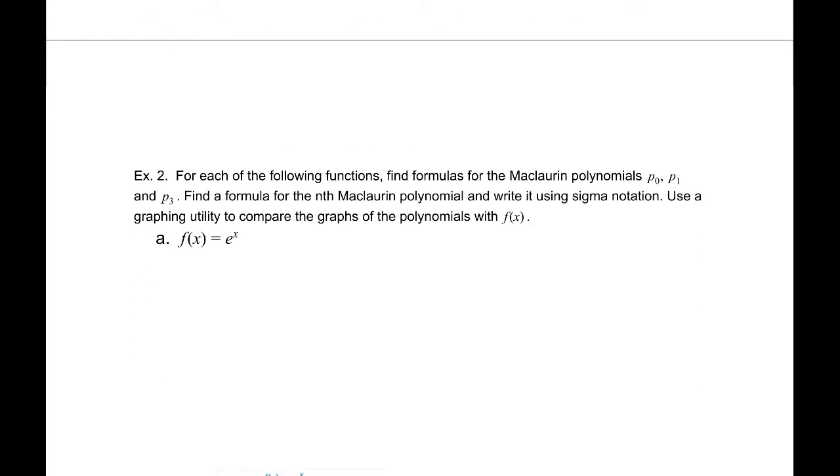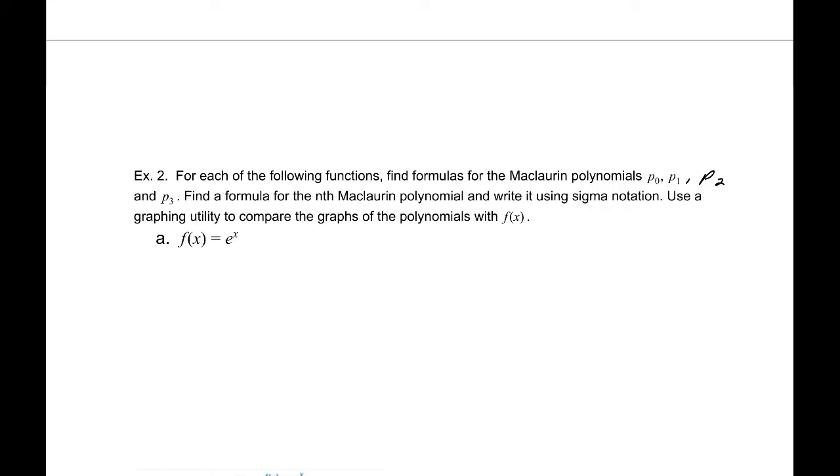For each of these following functions, find formulas for the Maclaurin polynomials P0, P1, and P3. And we'll go ahead and add P2 in there. Find a formula for the nth Maclaurin polynomial and write it using sigma notation. Use a graphing utility to compare the graphs of the polynomials with f of x.